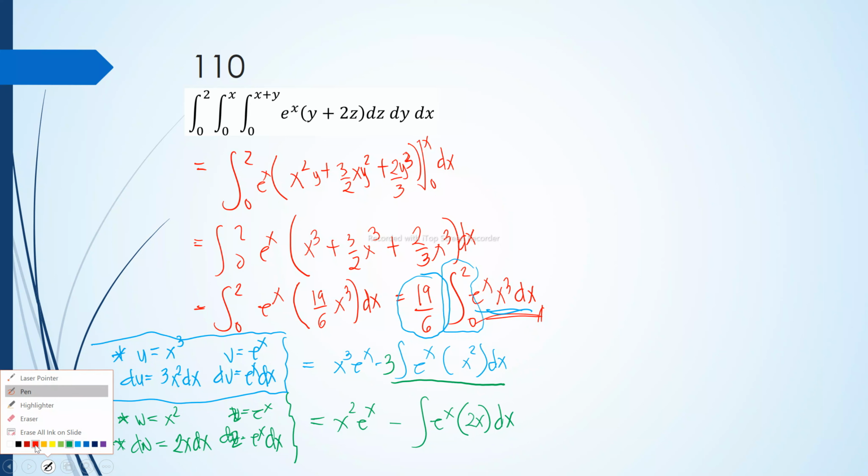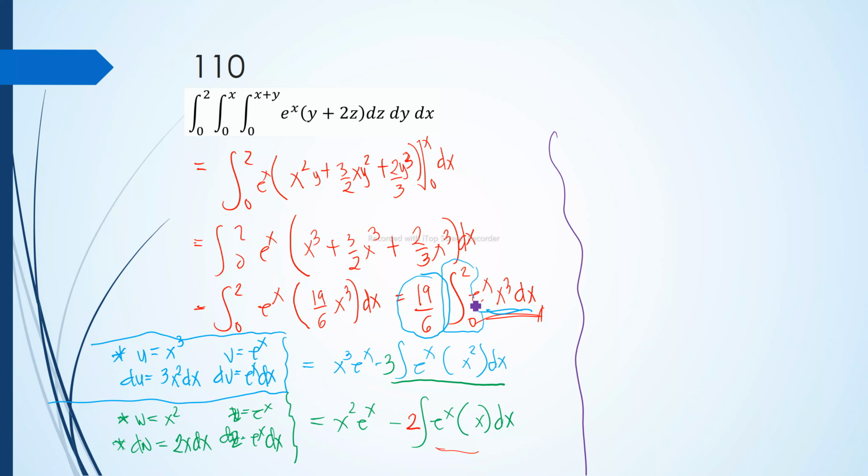Now this time again, we need to integrate this. So the 2 we take out, that is a constant. Okay, let's rewrite again. This is for this term. If we let our m is equal to x, therefore dm is dx. And if we let our dn be e to the x dx, then n is equal to e to the x.